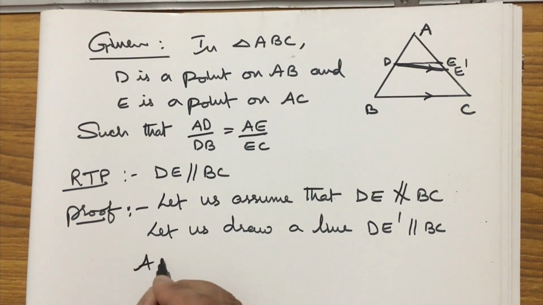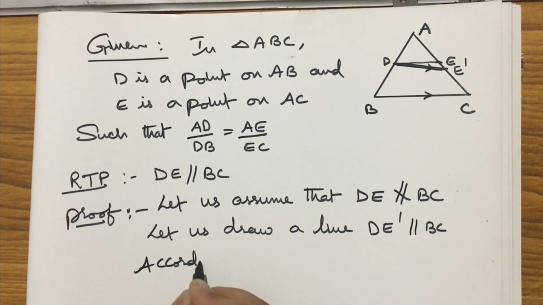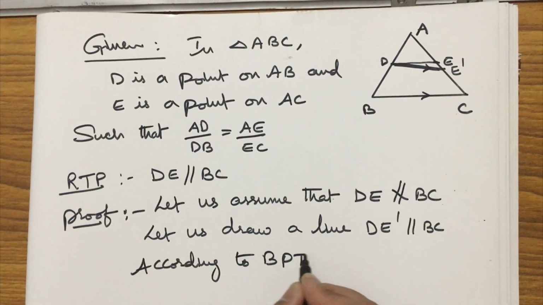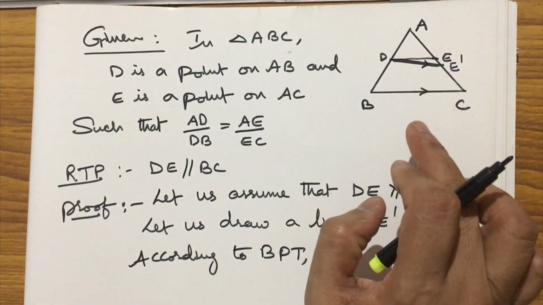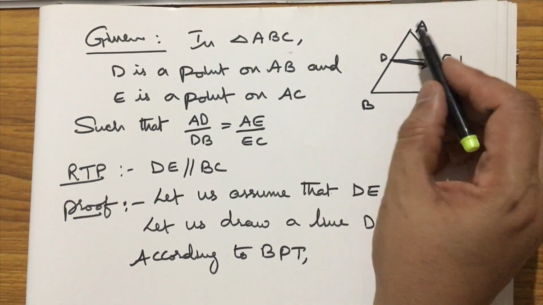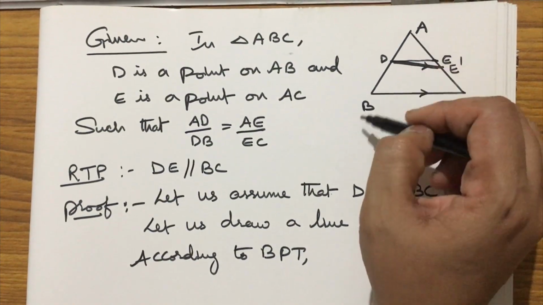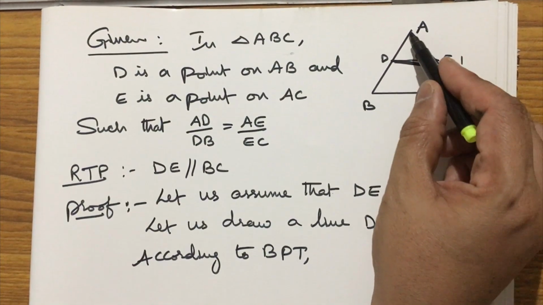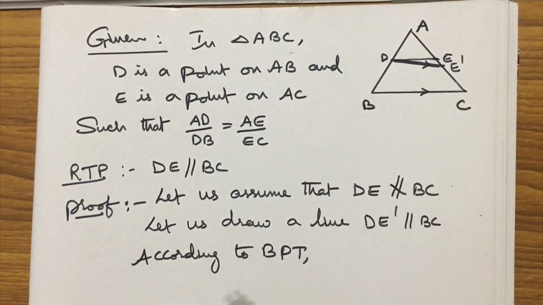According to BPT, what do we know? If any line is drawn parallel to one side of a triangle, it divides the remaining two sides in the same ratio. Meaning it divides AB and AC in the same ratio.